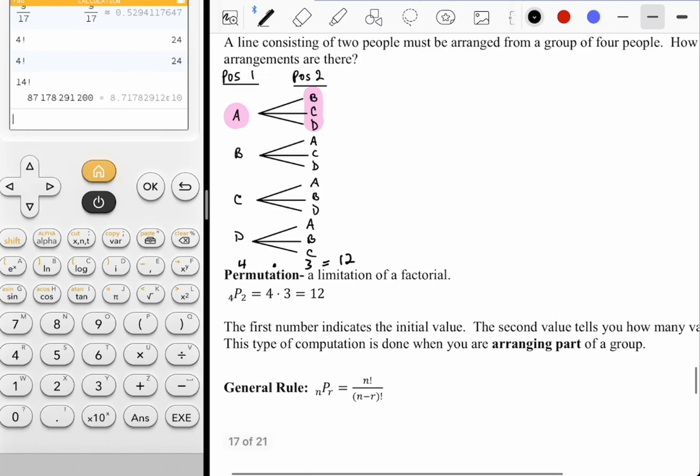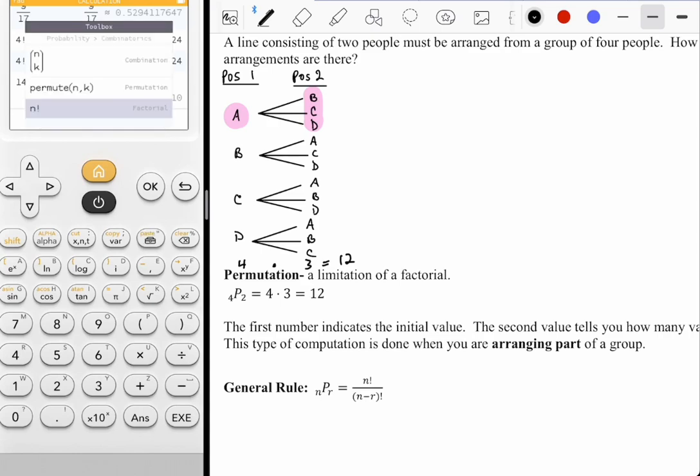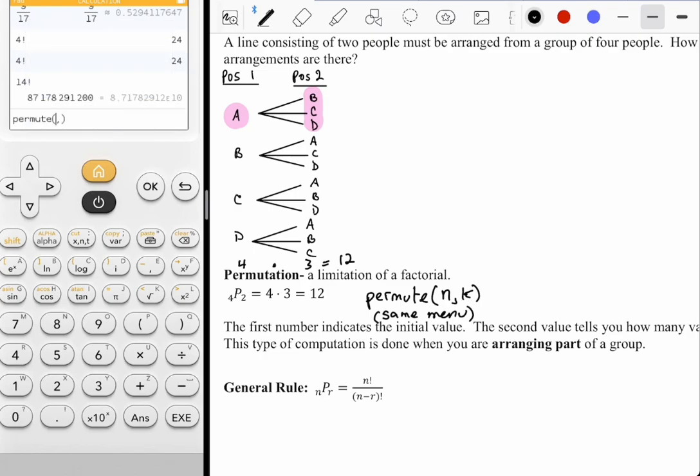But let me just show you very quickly how to do this in the calculator. If I have a restriction on a factorial, it's in the same menu, the toolbox. You go to Permute, right? So that's Permute, and it says N comma K. It's the same menu. When you select that, it leaves a couple of blanks there for you to put the numbers in.